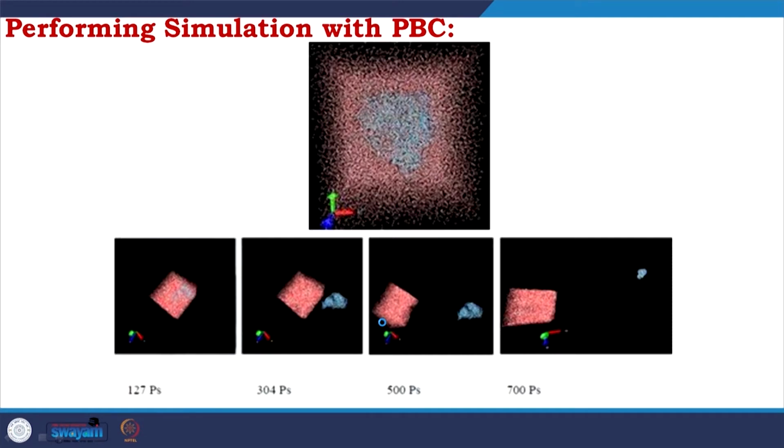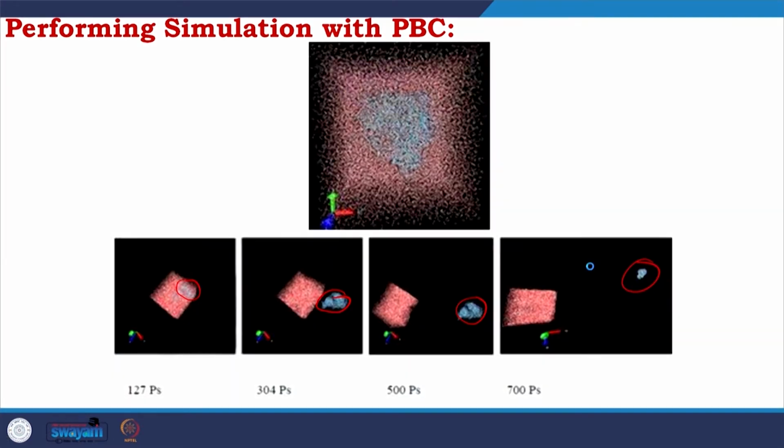If you look after 127 picosecond of the run, the protein reached kind of at the corner. At 304 picosecond, it is already out of the solvated system, it is already in vacuum. At 500 picosecond, it is far away. At 700, it is maintaining even more distance. So, this is not possible.